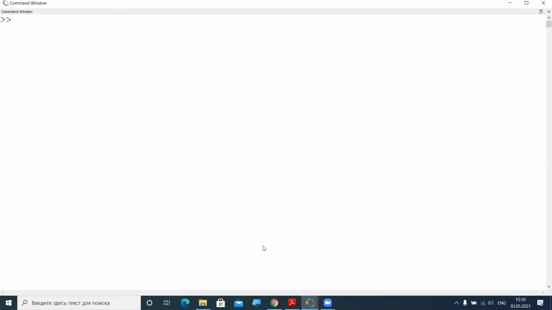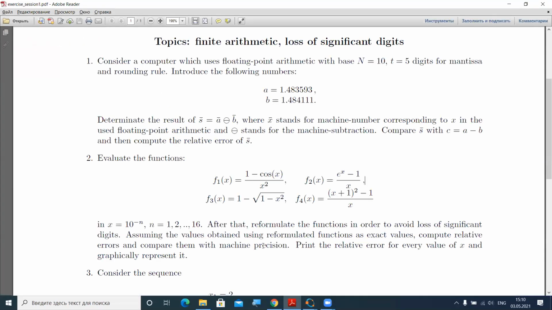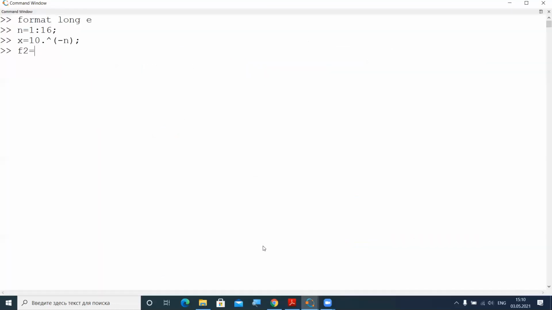So clear all. Now again format long e and give number n, then x we have here. And now let's write the new function f2, it's equal to e to the power of x minus 1 over x.